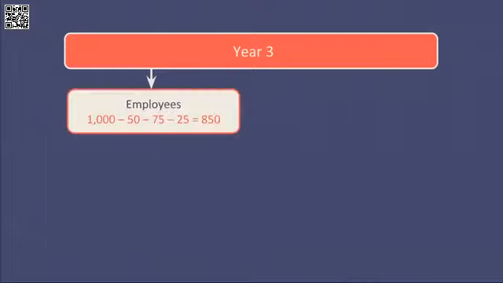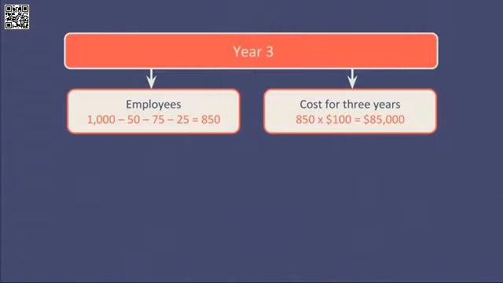In year 3, the scheme finishes and we record it as follows. First, calculate the employees entitled. 1,000 less 50 less 75 less 25 equals 850. 850 multiplied by $100 equals $85,000, which is the cost for the 3 years.